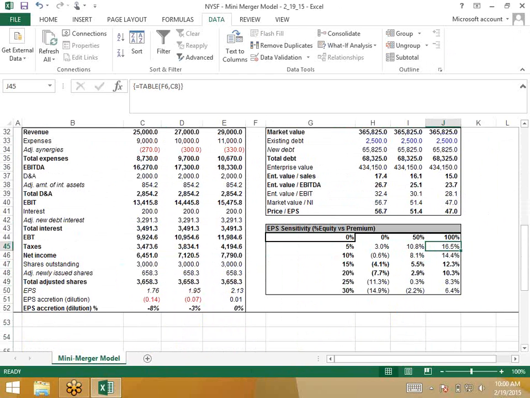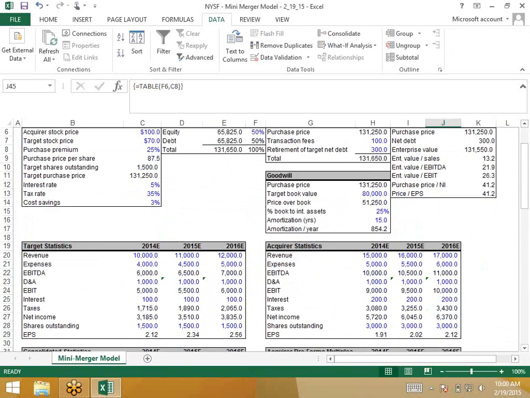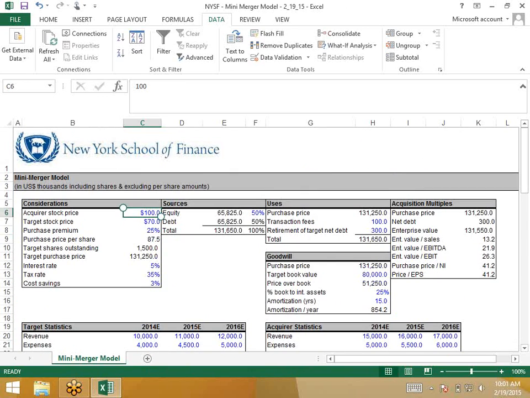We can prove that by forcing the acquirer stock price to be small enough such that the PE is around 15 times earnings. Right? So if at 2 EPS the stock price was 30, if we change the acquirer stock price to be 30, then the PE would be 15, more normal.